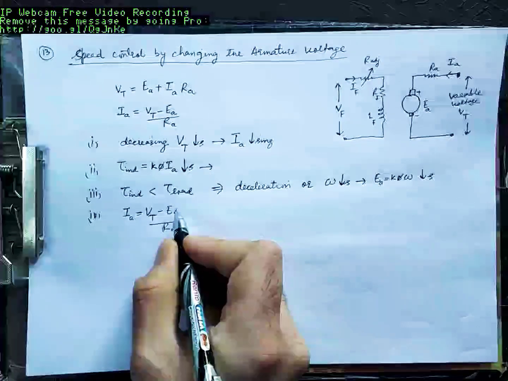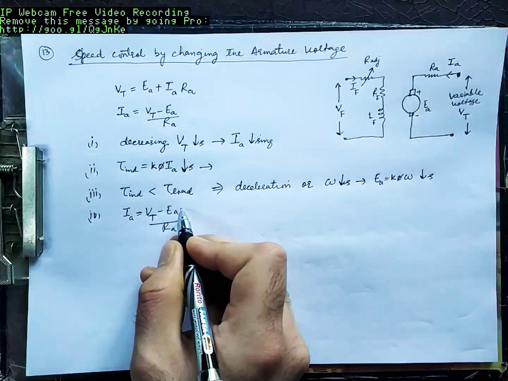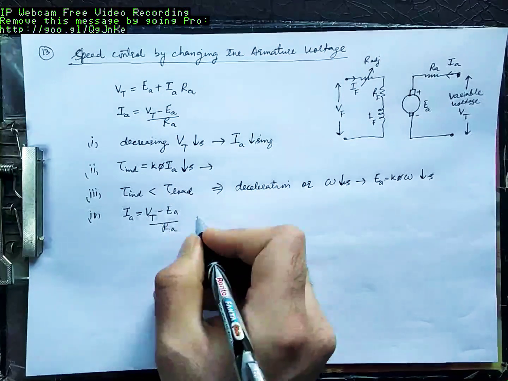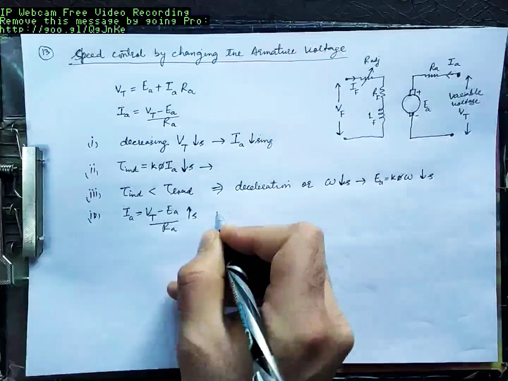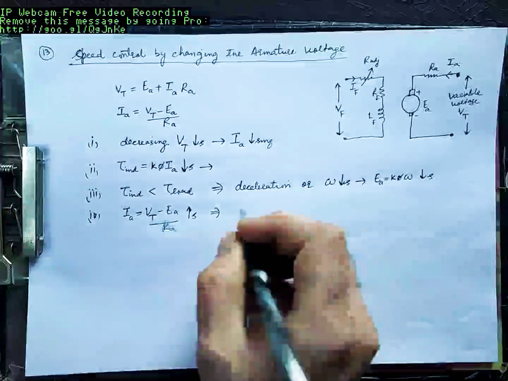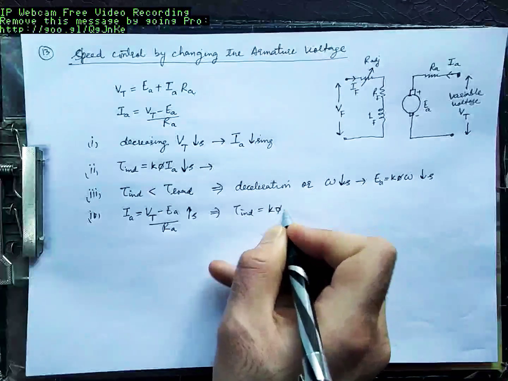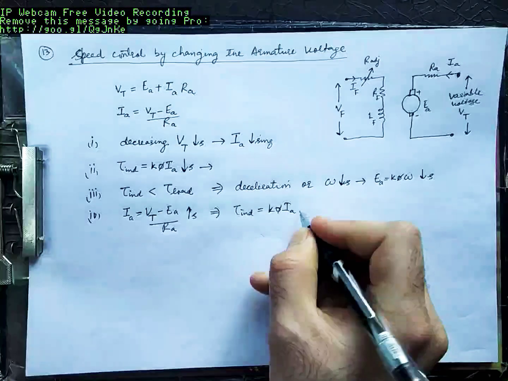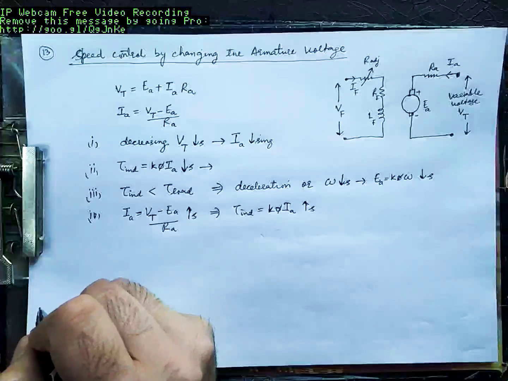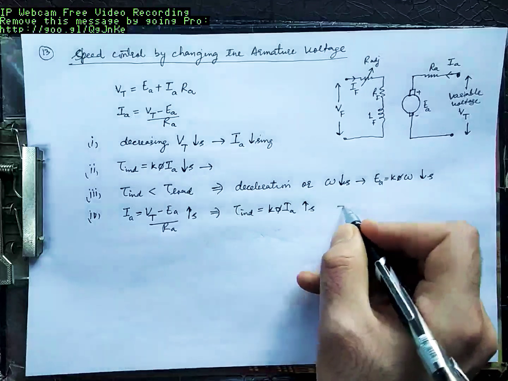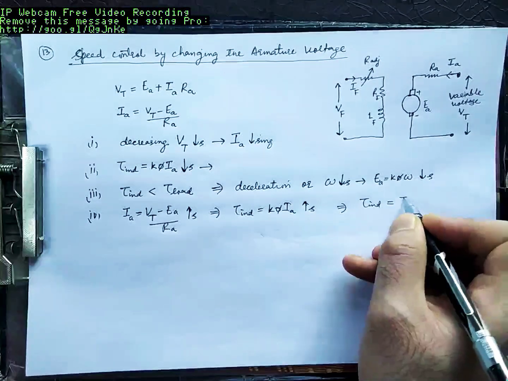Since EA is decreasing, this term is decreasing, overall this will increase. When this increases, IA will increase. When IA increases, tau induced, equal to K phi IA, increases.